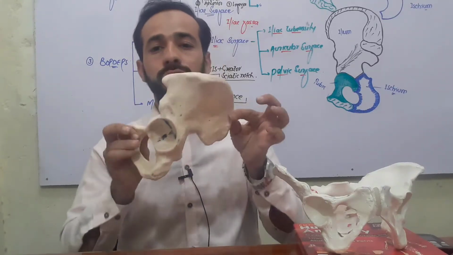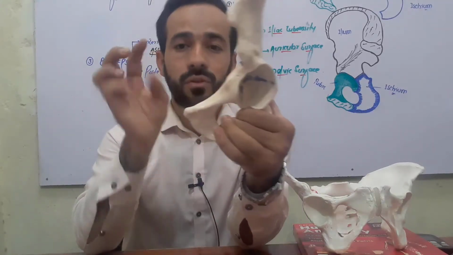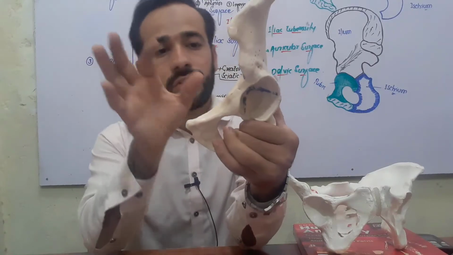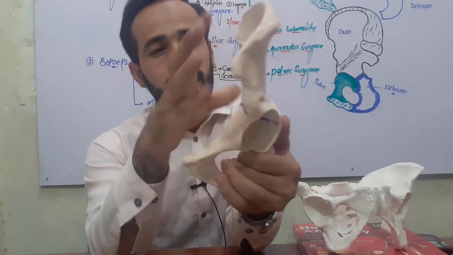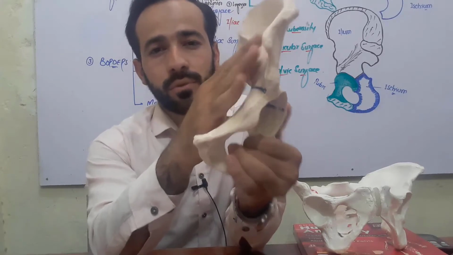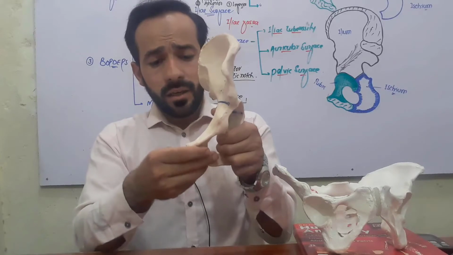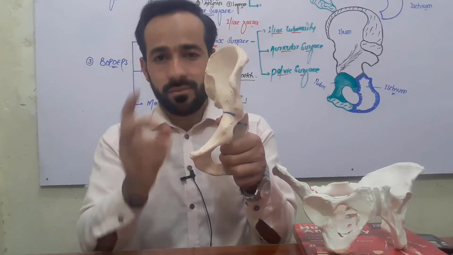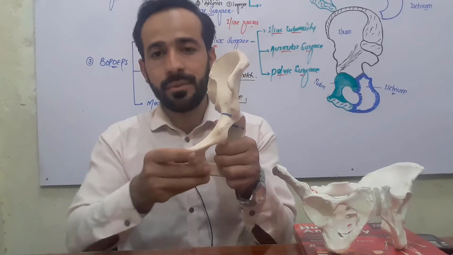As I had told you previously, this hip bone is mostly composed of three bones. How many bones? Three bones. The first, the flap-shaped and largest bone, the superior bone, is your ilium. Then inferior anteriorly, learn this word: inferior means lower, anteriorly means in front.